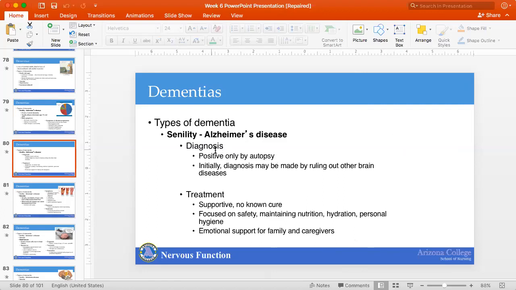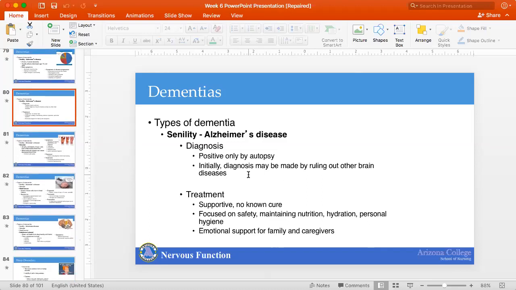Positive only by autopsy with diagnosis, but there's enough behavioral things with it that there's an ability to diagnose it when someone is living. Initially, diagnosis may be made by ruling out other brain diseases. So ruling it against other pathologies it could be.